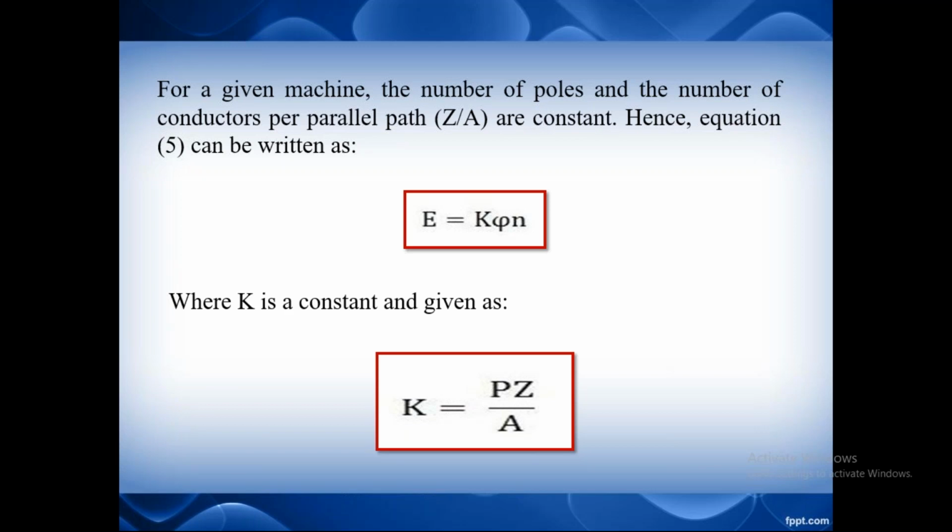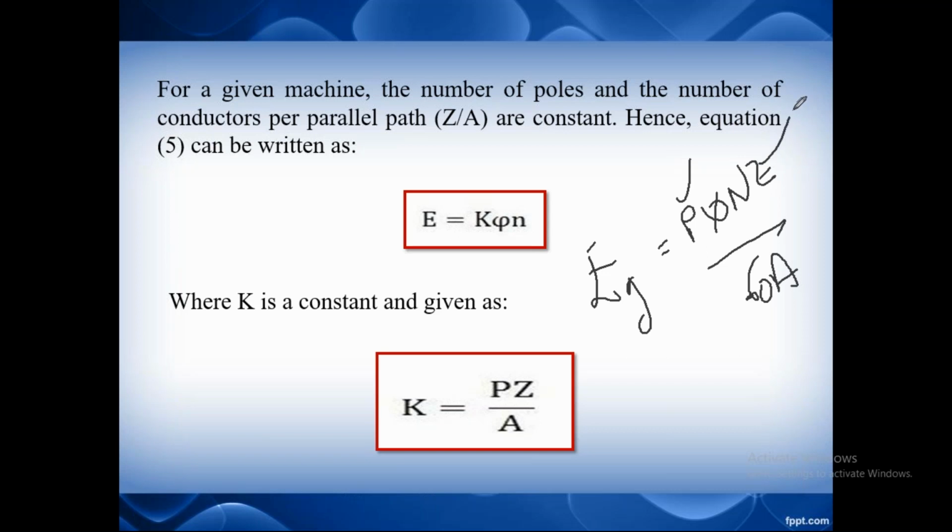Hence the equation can be written as E = K φ n, where K is a constant value given by PZ by A. So these three parameters are constant. In the formula Eg = P φ N Z divided by 60A, P, Z and A are constant, and the variables are speed and flux.